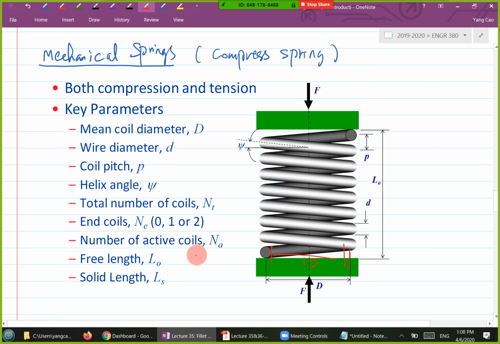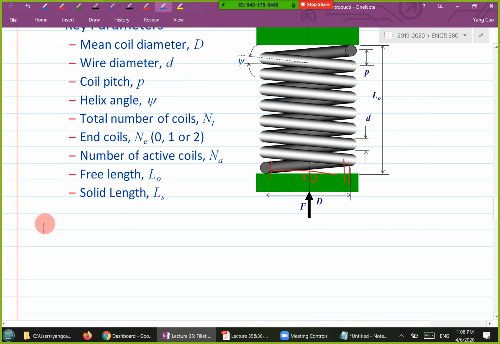Number of active coils. The number of active coils refers to the number of coils that are actually free to deflect. Let me write down NA here. It could be different from your total number of coils. NA basically refers to those coils that are free to deflect under load.